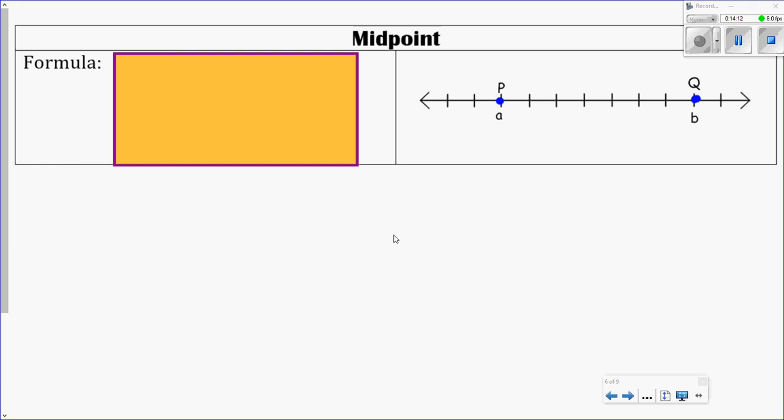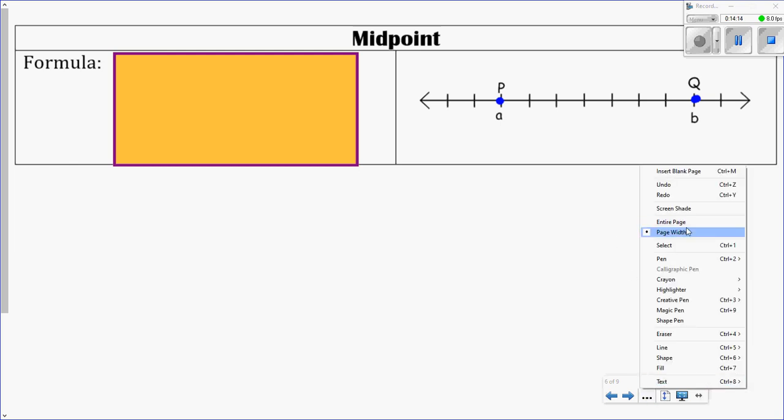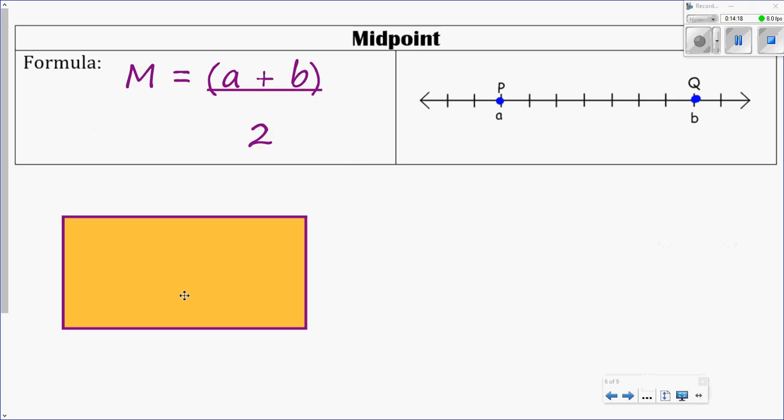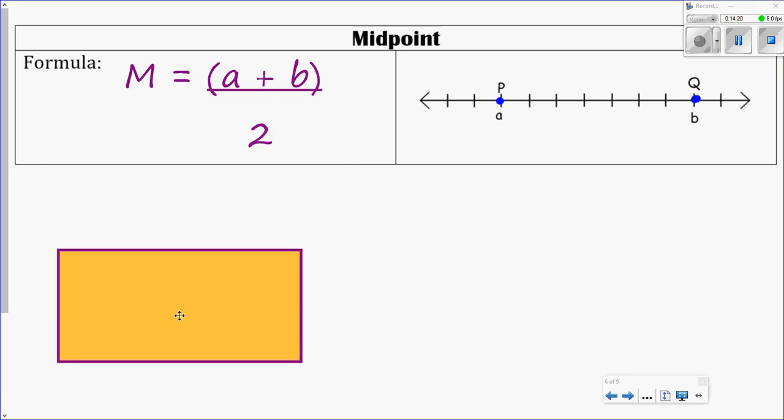Now in one dimension, we have a formula to find the midpoint. So the formula is M, for midpoint, equals A plus B over 2. You may have seen a similar formula when you're finding the average. So basically in a one-dimensional world, it's like finding the average.